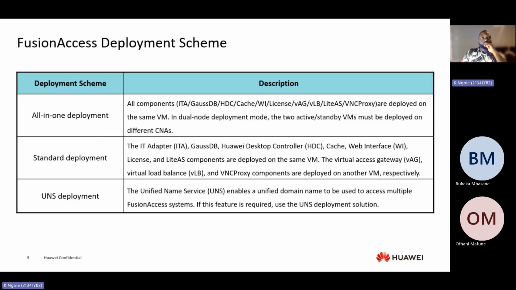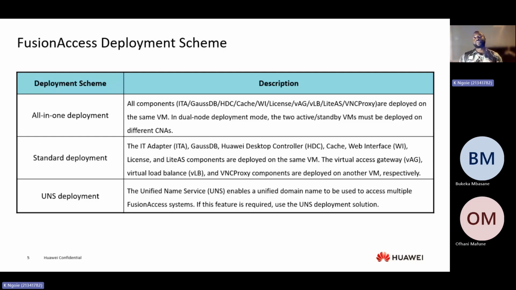With the all-in-one deployment, we have all components, and the user capacity is less than 500. Huawei FusionAccess offers several deployment schemes to accommodate different user scales, network environments, and service requirements. Choosing the right deployment mode ensures optimal performance, simplified management, and scalability.